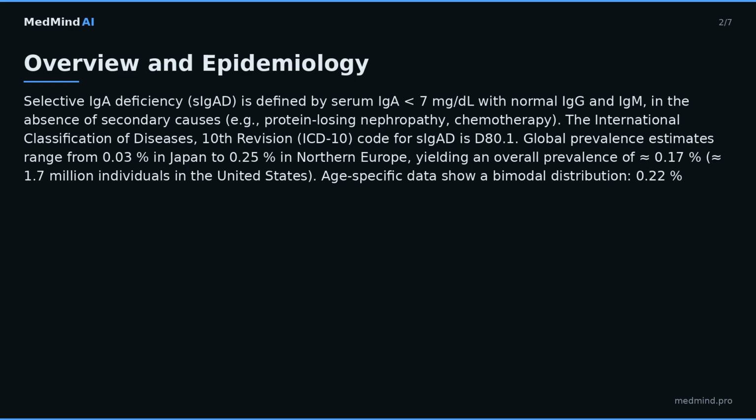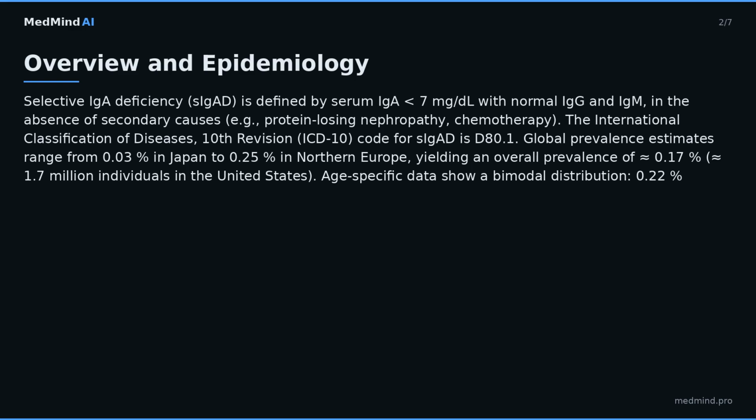The International Classification of Diseases, 10th revision, ICD-10, code for sIgAD is D80.1. Global prevalence estimates range from 0.03% in Japan to 0.25% in Northern Europe, yielding an overall prevalence of almost 0.17%, almost 1.7 million individuals in the United States.